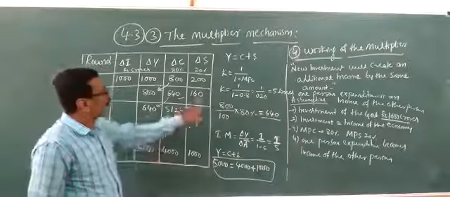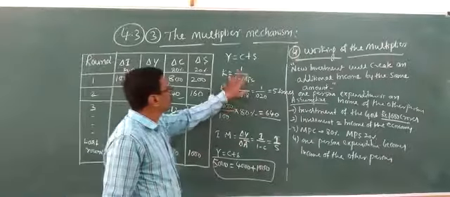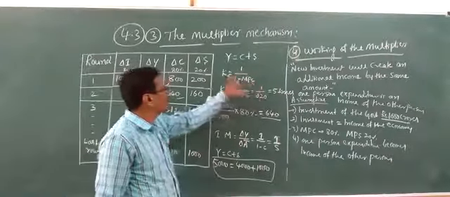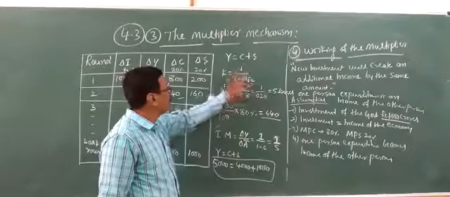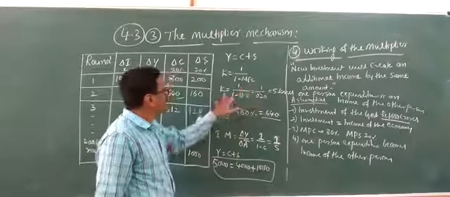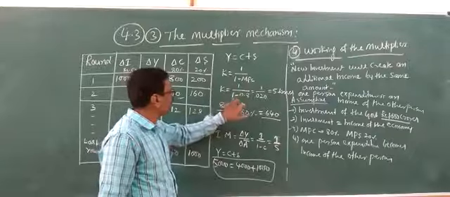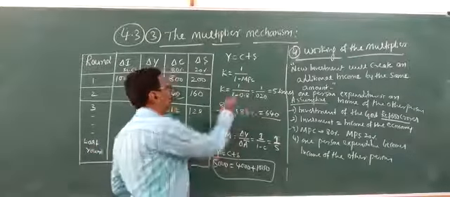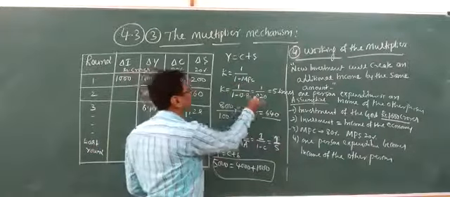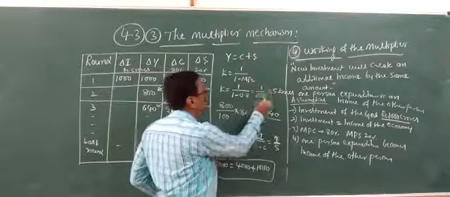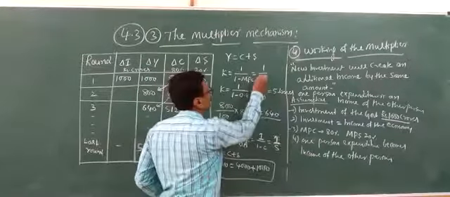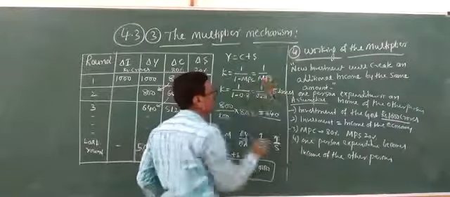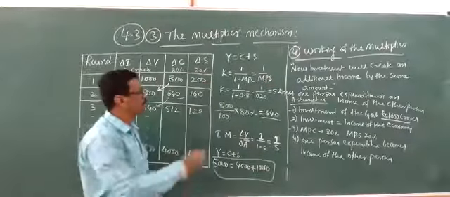How is it possible? Apply the formula: K is equivalent to 1 by 1 minus MPC. K is equivalent to 1 divided by 1 minus 0.8, which is 1 divided by 0.2. It can also be written as 1 divided by MPS, the marginal propensity to save, 20%.